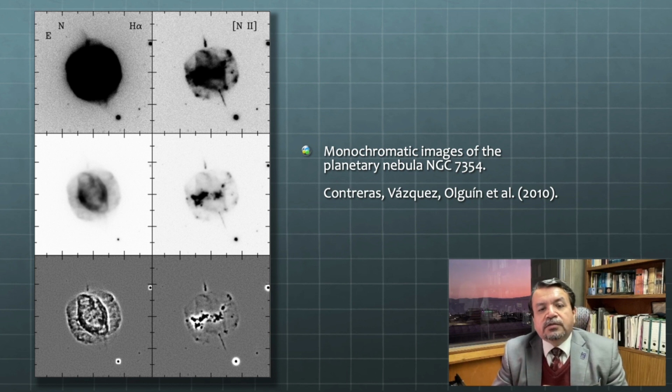We have conducted experiments using grayscale scales, and in the last images, specifically the ones at the bottom, we have implemented a procedure known as unsharp masking, which involves the removal of certain elements through a technique called spatial filtering, also referred to as a form of noise reduction or enhancement, if you will. We remove the brightest emission to focus on the details, and we can see how the H-alpha image and the ionized nitrogen image do not resemble each other, right?